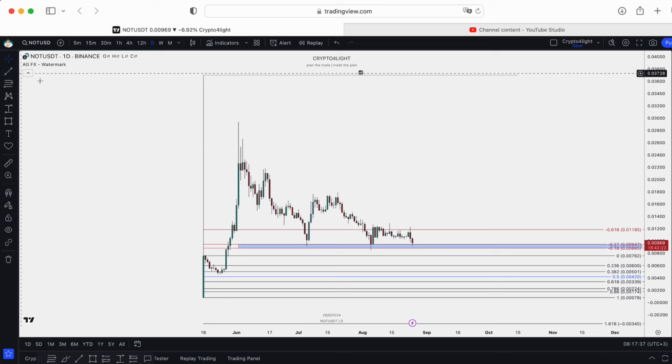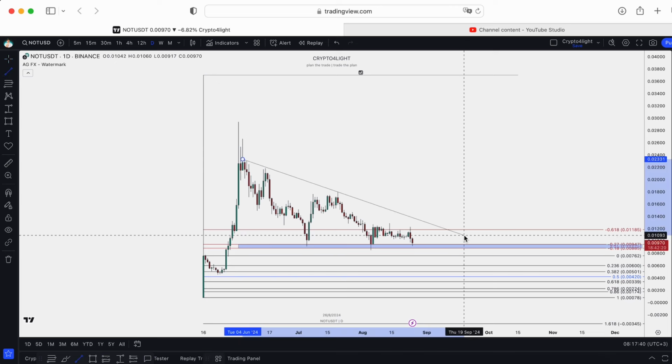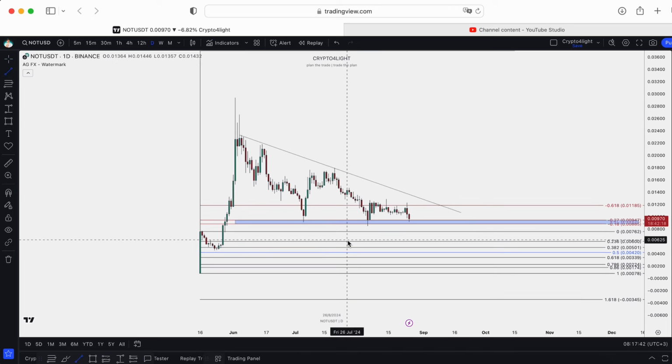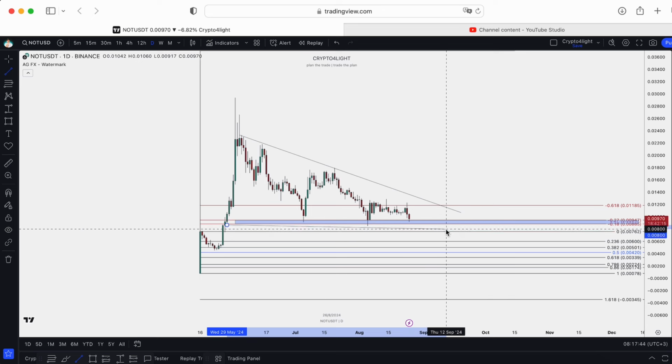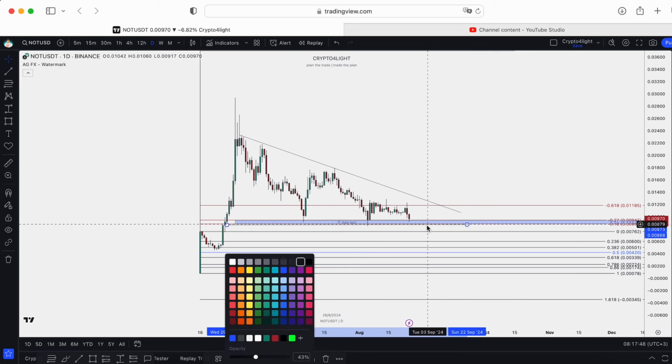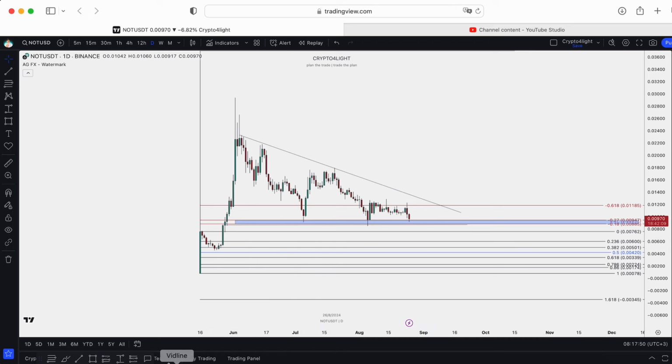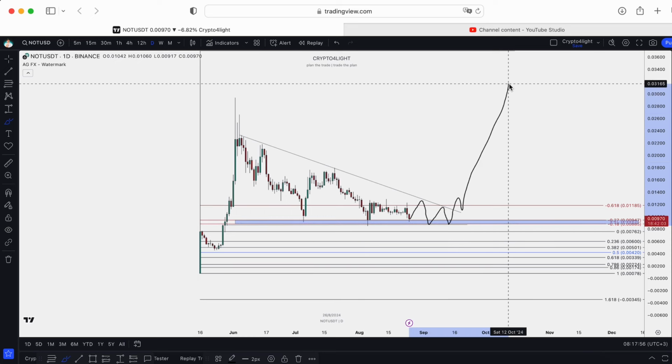And now the classic TA guys start drawing triangles like this one. First of all, they will definitely draw this triangle and start talking about the price movement, like we are trading a triangle, we should break it out, retest and go higher.